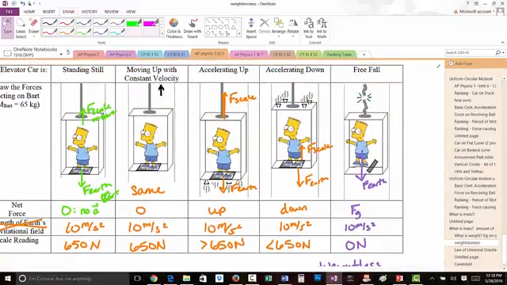But the scale is feeling a force up from the floor. The scale is accelerating down at the same rate that Bart is, but the way a scale works is that it feels a force from the floor up and from the person down. And so if the floor up is still bigger than the person down, then it's going to measure something. Does that answer the question you're asking?